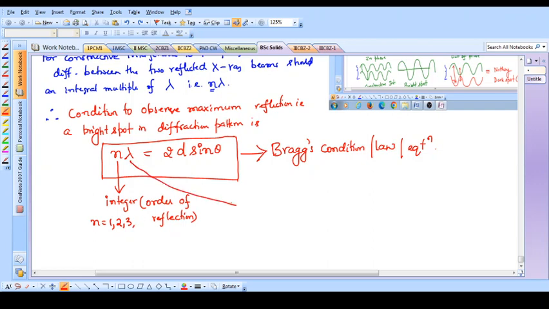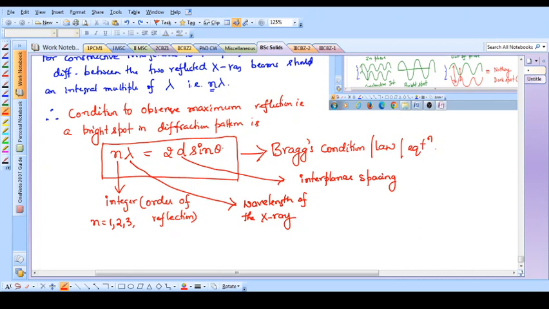Lambda is the wavelength of the X-ray that we have used in the experiment. What is d? d is the distance between the two adjacent planes, that is interplanar distance or interplanar spacing.